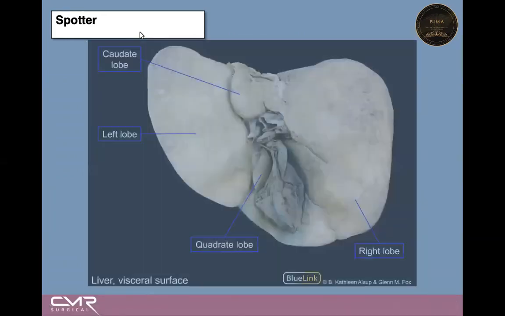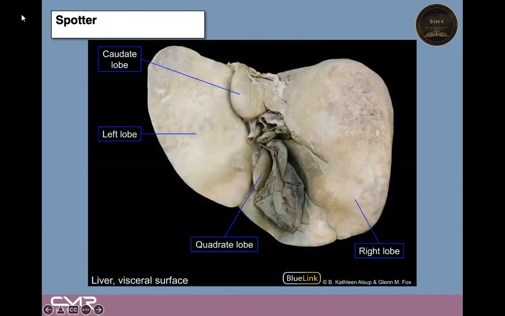Just going back, can anyone please tell me what this line is here? Can't see it very well, but what do you think this is? I'm describing it in the vaguest of ways, because I don't want to give it away too easily, but if someone could tell me what this is here, that'd be great.